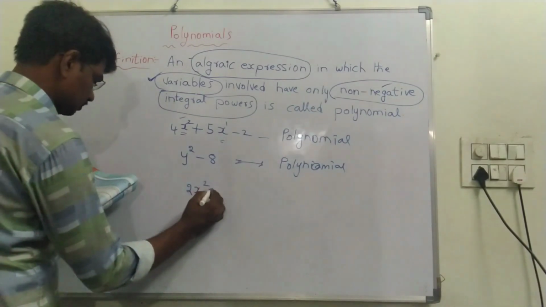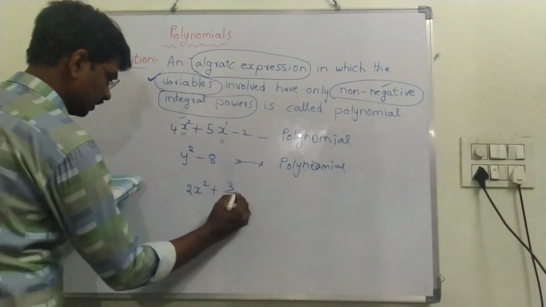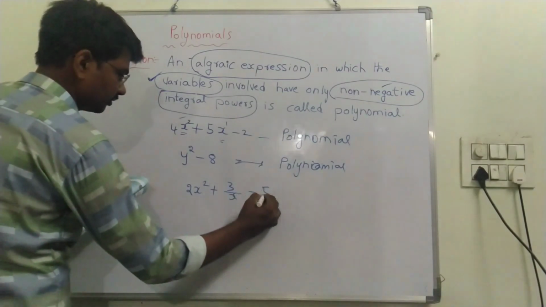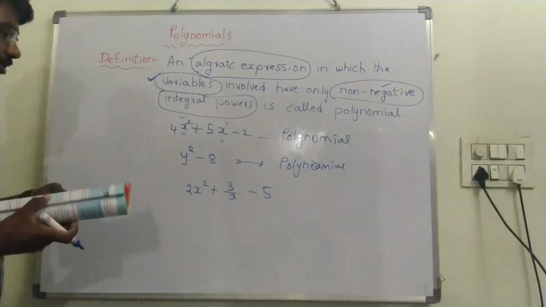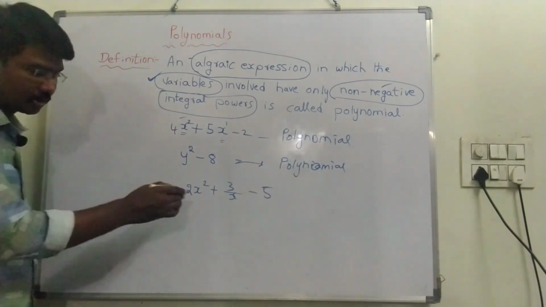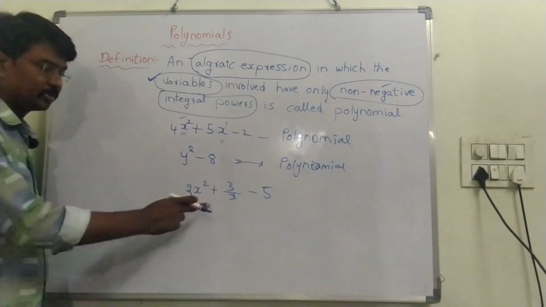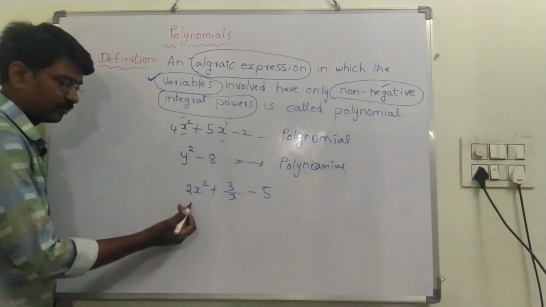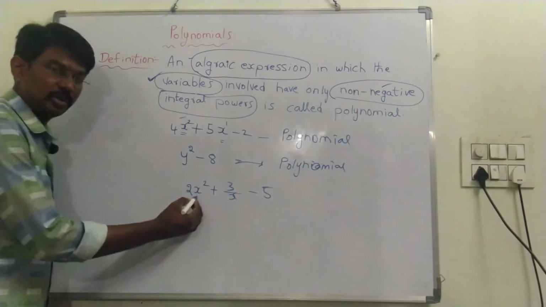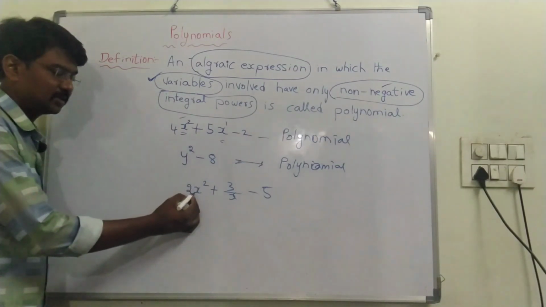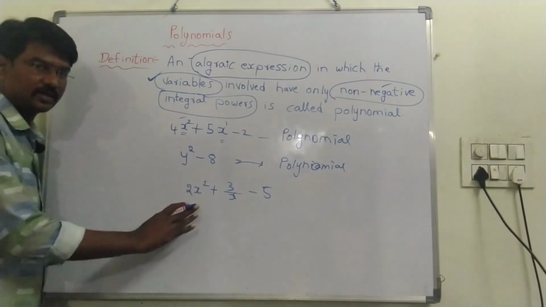Next, 2x square plus 3 by x minus 5. 2x square plus 3 by x minus 5. Is it a polynomial? Okay, first what should be our observation? Variable power. What is here? Positive. Okay, it is selected.